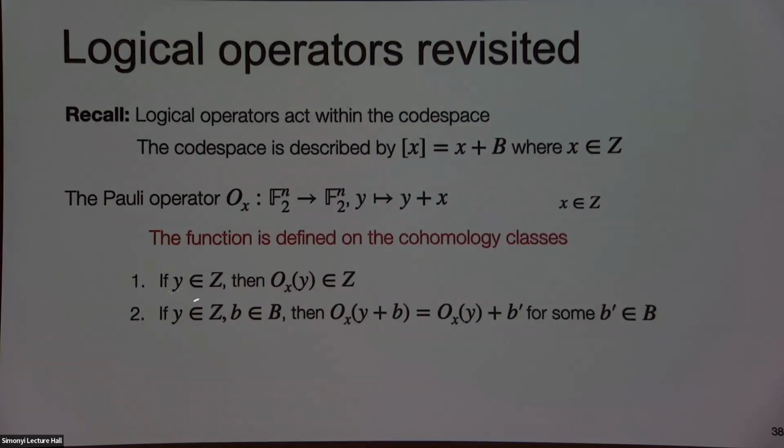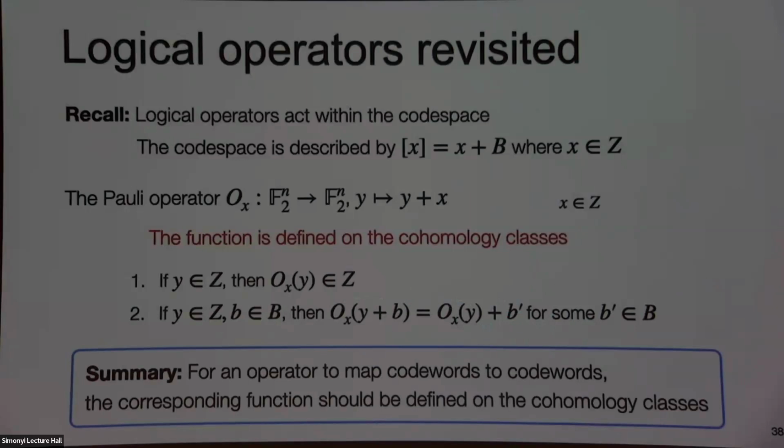What it means is that if y is inside Z, then the image is also inside Z. So that's one condition. Another thing is that if 2 things are in the same class, for example y plus b and y, then their images should also be in the same class. That means their difference should be inside some boundary.